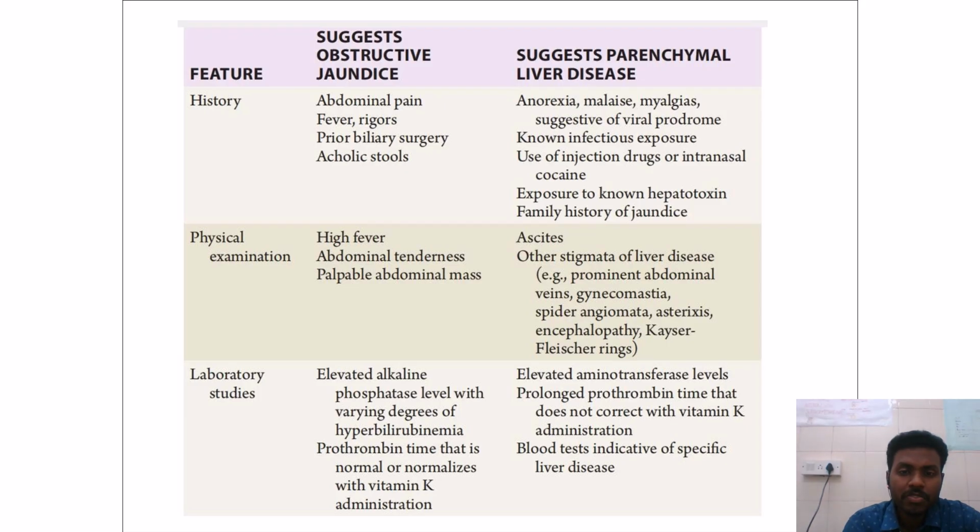In physical signs, we may see ascites, prominent abdominal veins, gynecomastia, spider angiomata, asterixis, encephalopathy, and Kayser-Fleischer ring. This Kayser-Fleischer ring will be seen in Wilson's disease. In lab parameters, elevated aminotransferase levels will be seen, and prolonged prothrombin time that does not correct with vitamin K administration. So these are the differences between obstructive and hepatic jaundice.